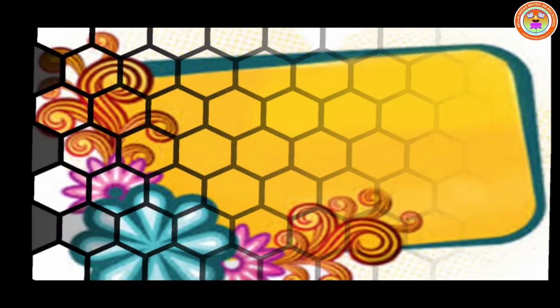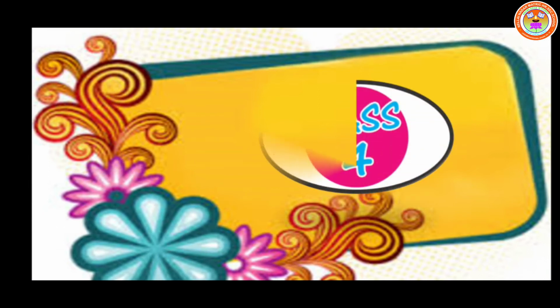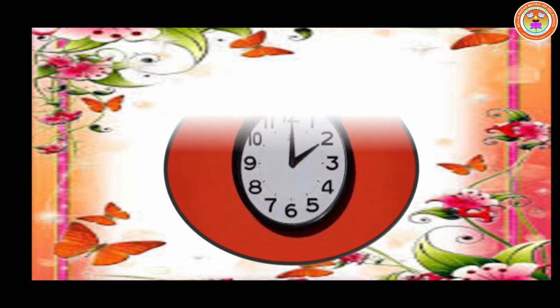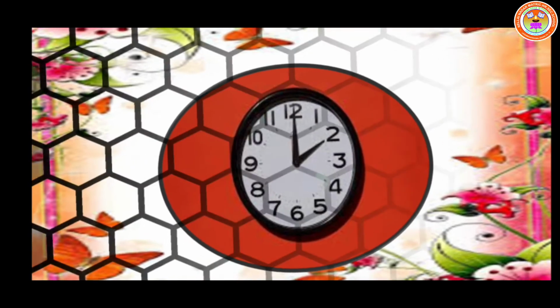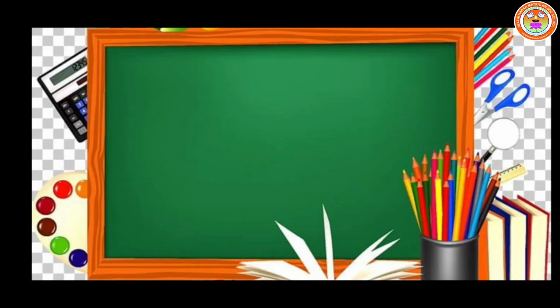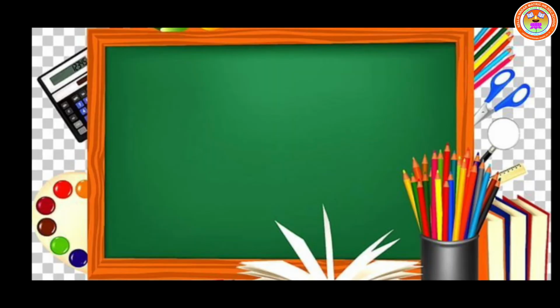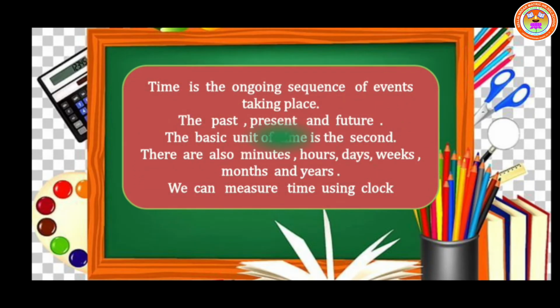Welcome to class 4. Let's start today's session with new chapter 4, time. Students, time is the ongoing sequence of events taking place in the past, present and future.